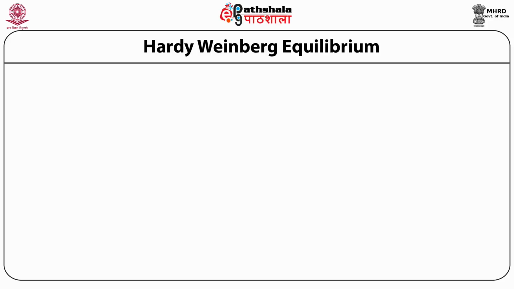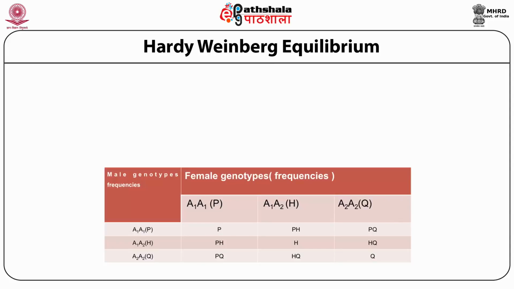If we consider a diploid organism, there are 3 possible genotypes in the population: A1A1, A1A2, and A2A2 that are present in the frequencies P, H, and Q respectively. The sum of genotype frequencies for A1A1, A1A2, A2A2, which we are seeing as P, H, Q, should also be equal to 1.